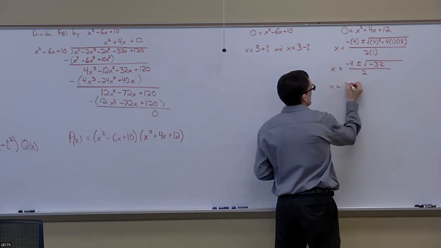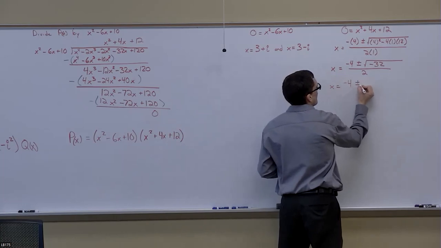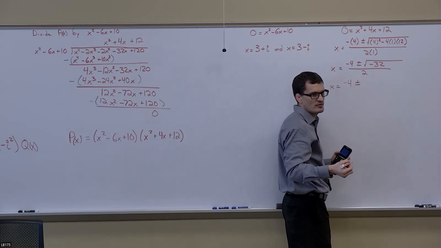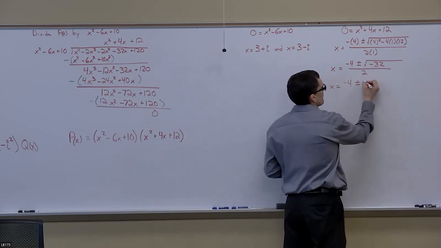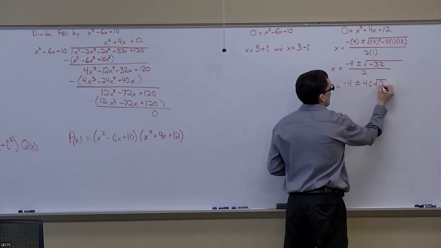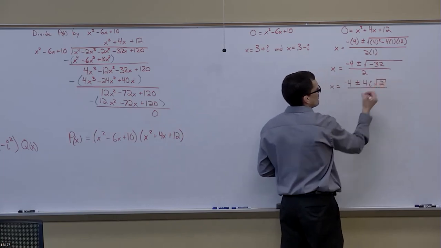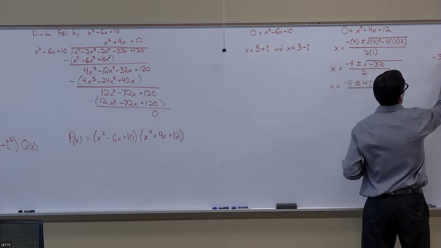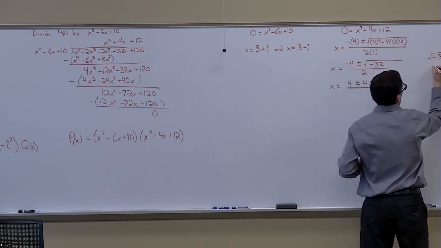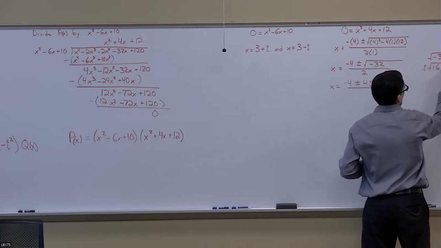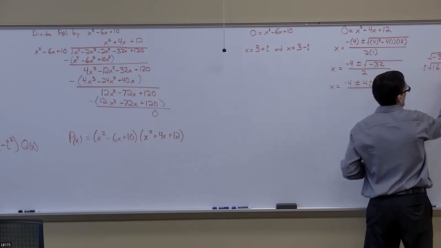You could, if you wanted to, 32 is like 16 times 2. So you can break it up. Hopefully everybody understands what I'm doing. Negative 32, I'm thinking of as i times the square root of 16 times the square root of 2, right?